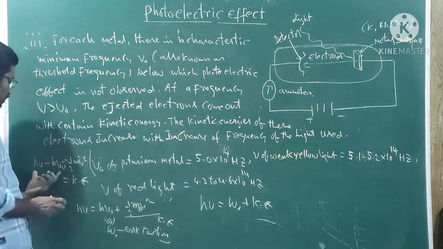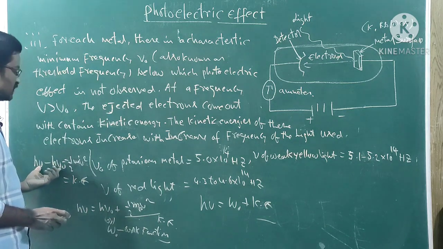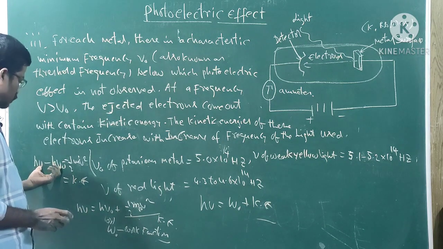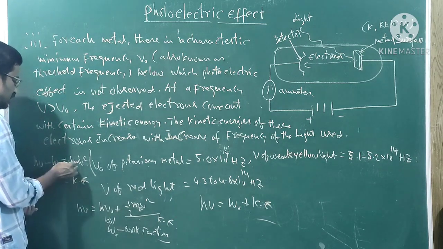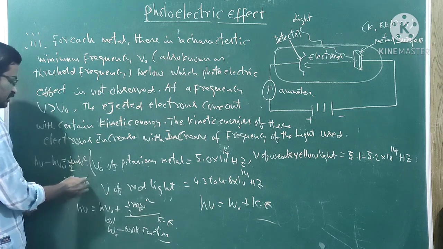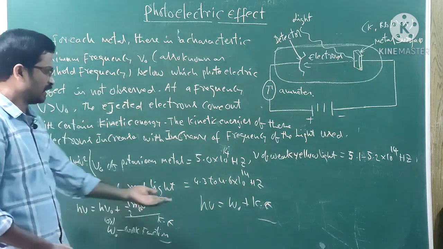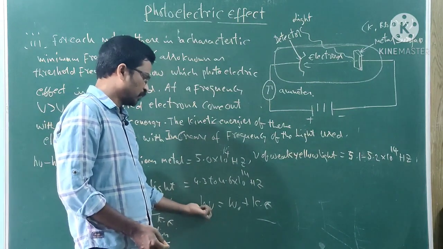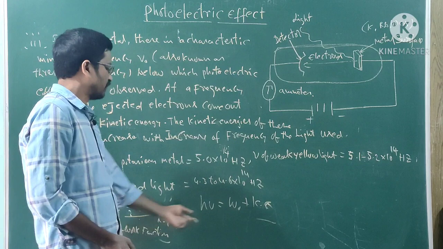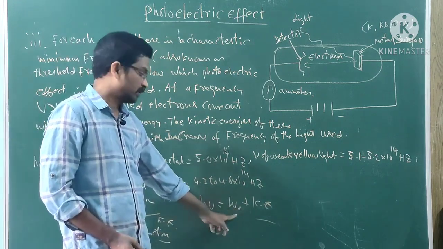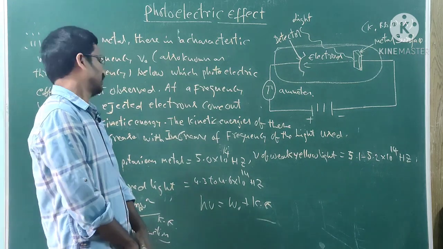So the difference between the light frequency energy and the threshold energy is known as kinetic energy. They have given kinetic energy like this. You may write hν = W₀, where W₀ is known as the work function, plus kinetic energy of the electron.